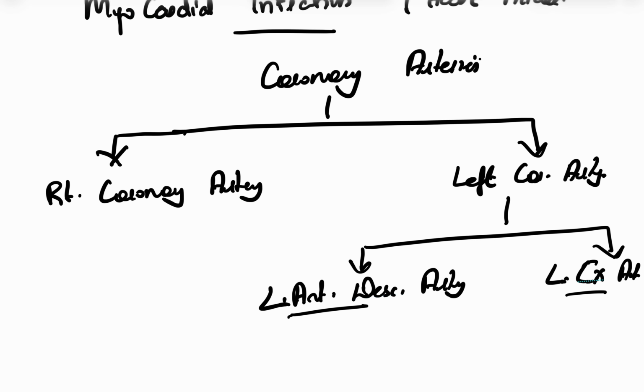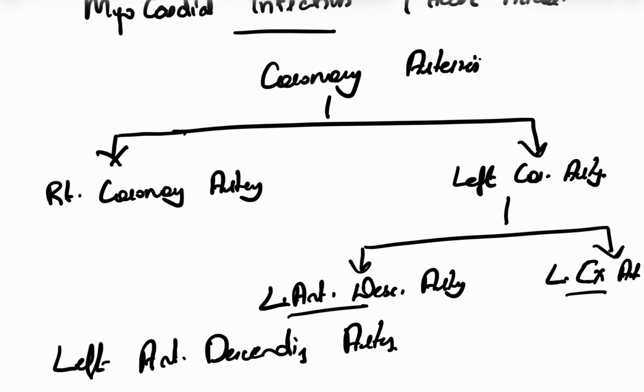Remember, the most common site of obstruction in the blood vessels which results in myocardial infarction is the left anterior descending artery.